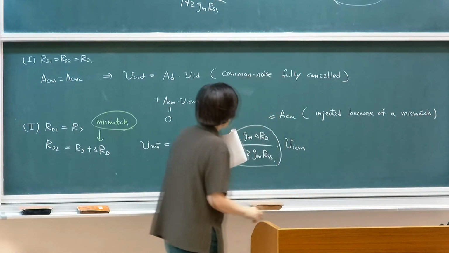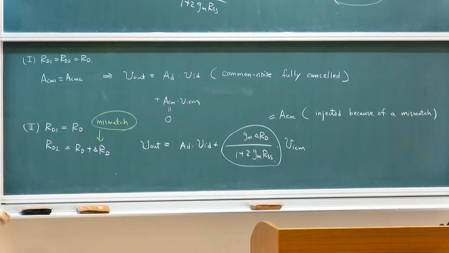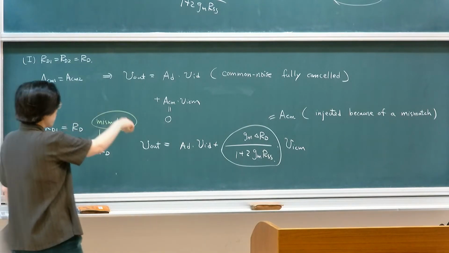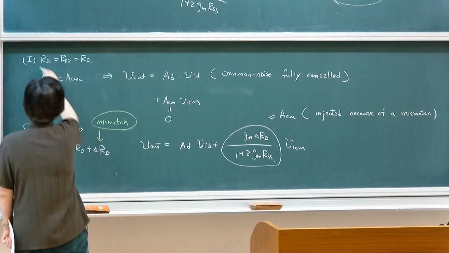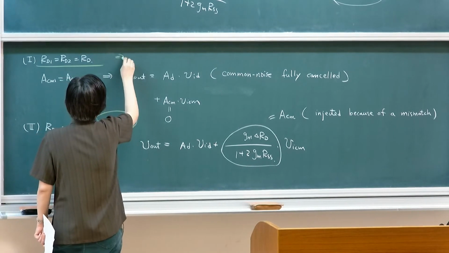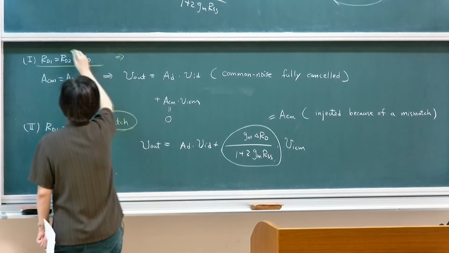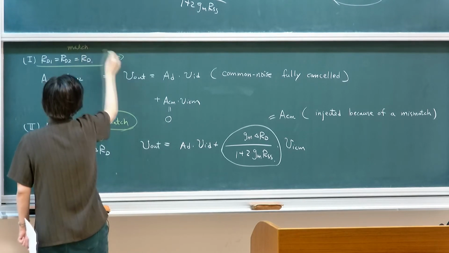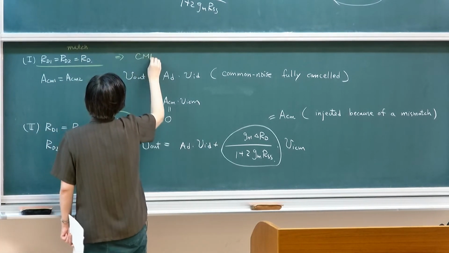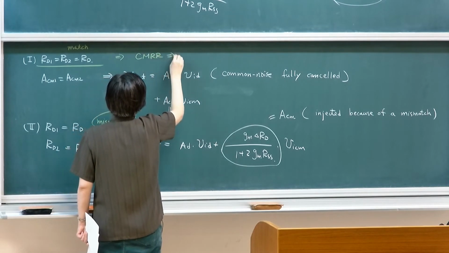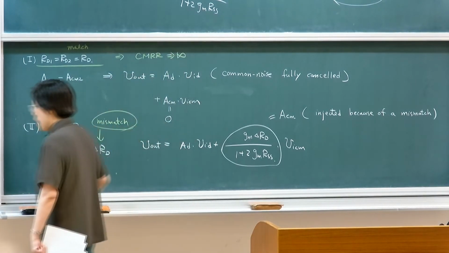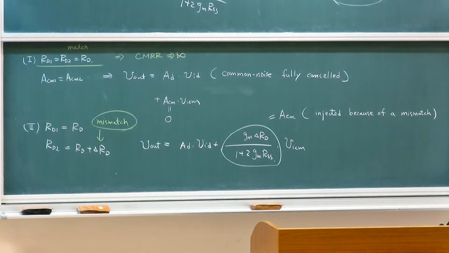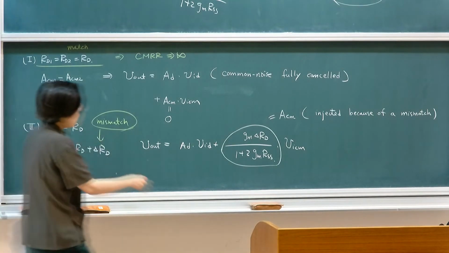Okay? So if this is the case, let's look at what the common mode rejection ratio is. In the previous case, if it's fully matched, we know that this is matched, and when the loading is also matched, your CMRR will be infinite. So let's look at what the common mode rejection ratio is if there's a mismatch.